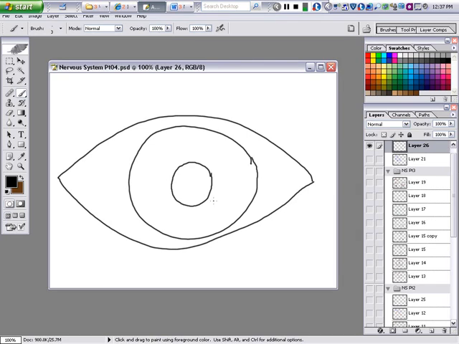So in the eye or in the pupil, you have these smooth muscles in the pupil. And these muscles are called constrictor pupillae.